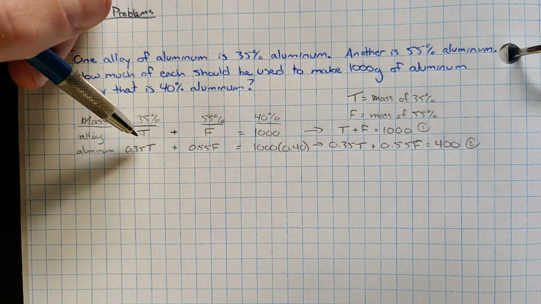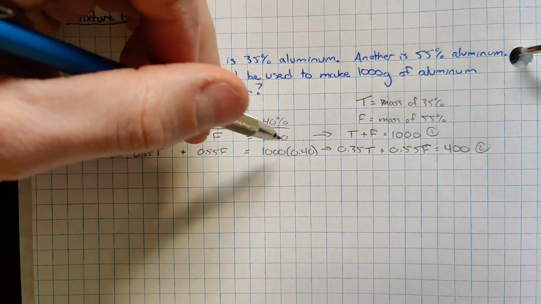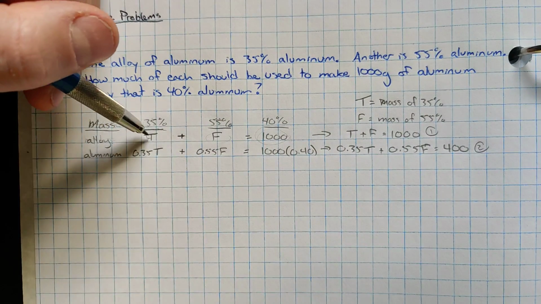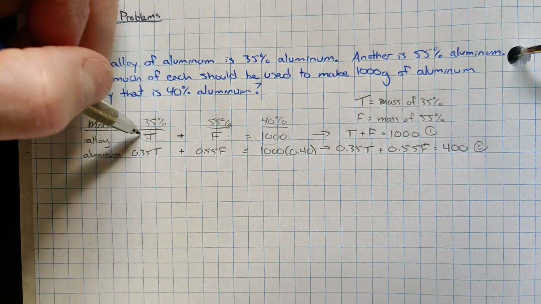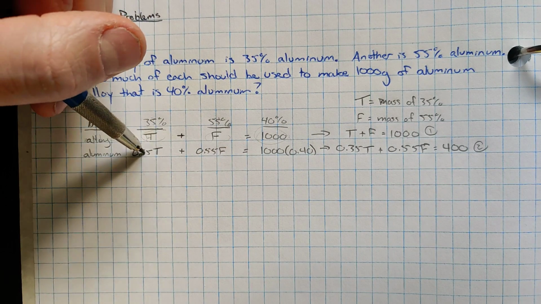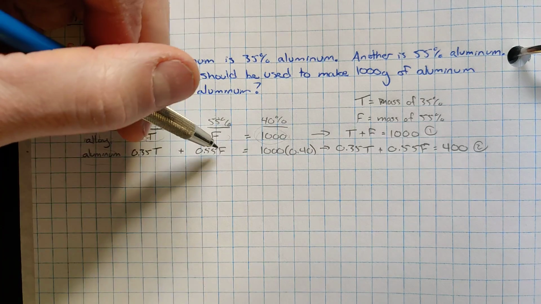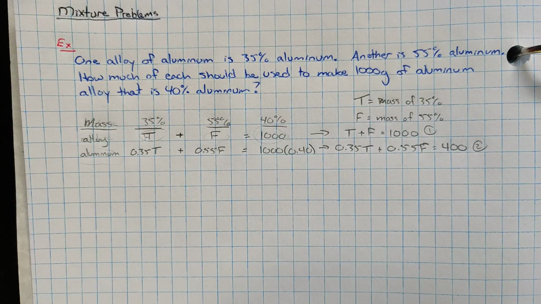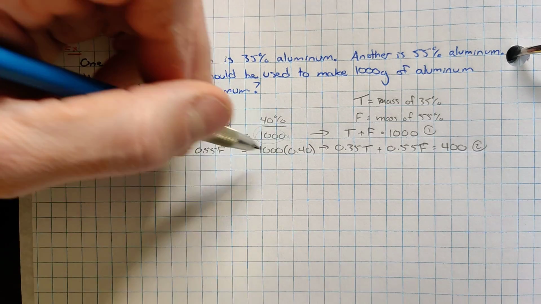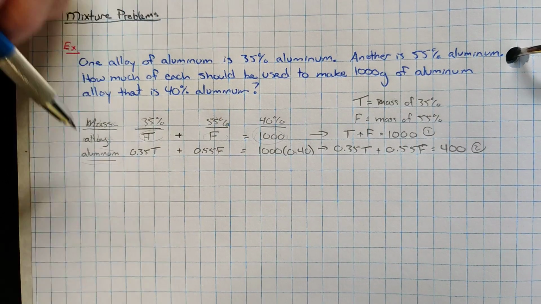We take the mass of the total thing, or in the case of volume, the total volume, add those together, and then we find the percentage of the component. So in this case, a 35% mixture, a 55% mixture, and then a 40% mixture. And we find out the individual masses, in this case of the aluminum.